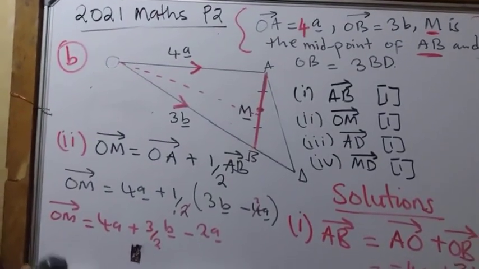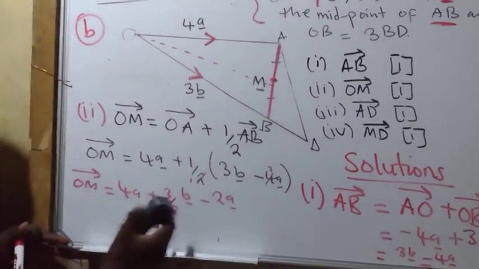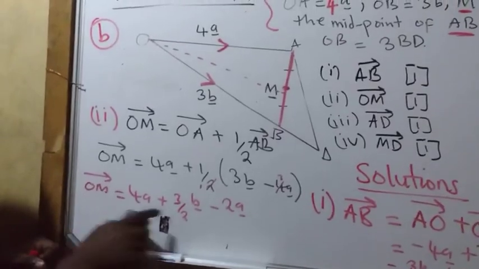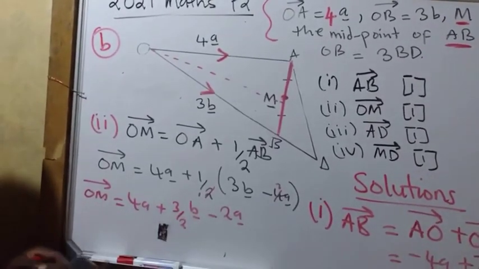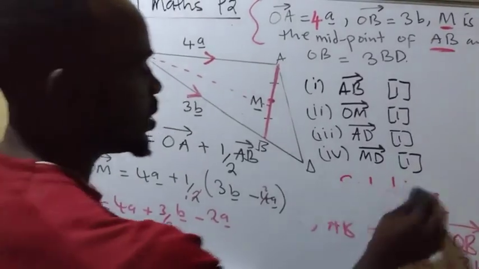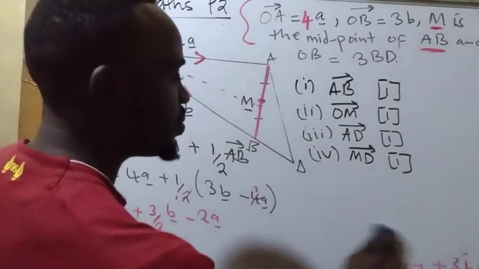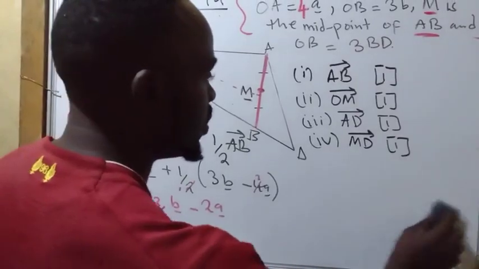Now we can't end our answer at this stage. You can see we have 4A and the negative 2A, so we have to simplify these two like terms. So we proceed here. Allow me to flip the slide.